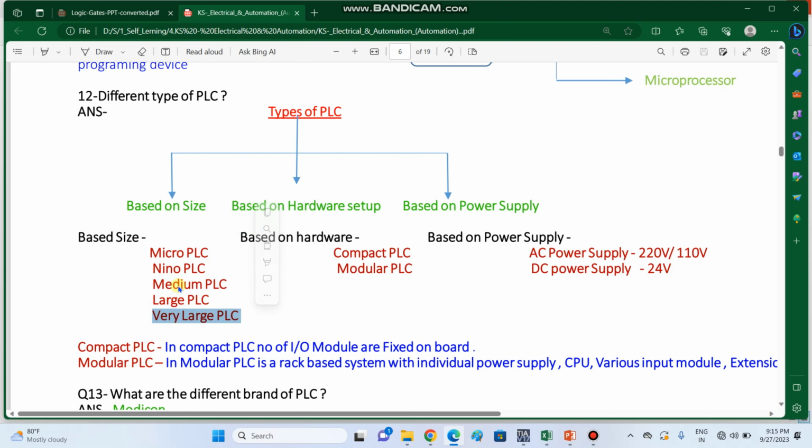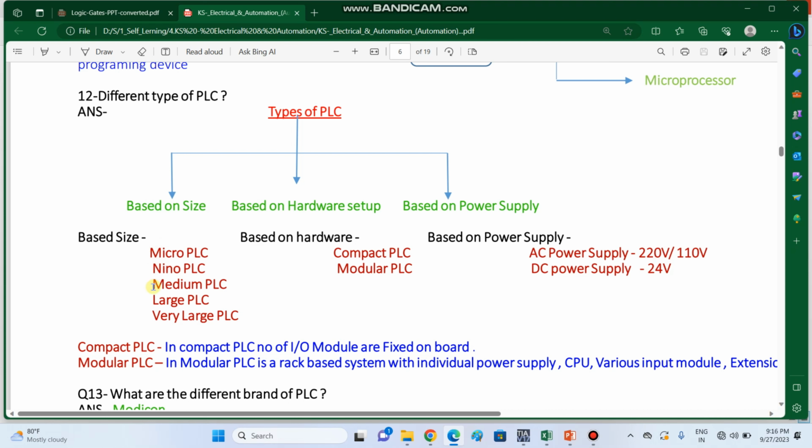What do we mean by micro PLC? Micro means mini, a minimum number of input outputs in that PLC. Nano PLC has a higher number of input outputs than micro PLC.